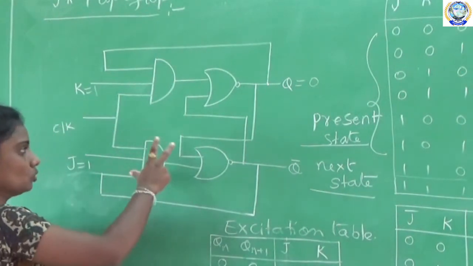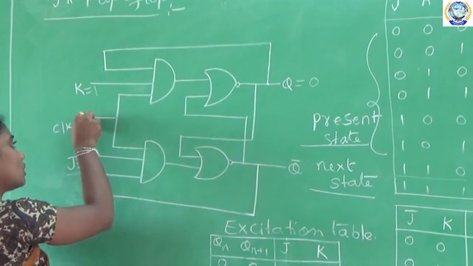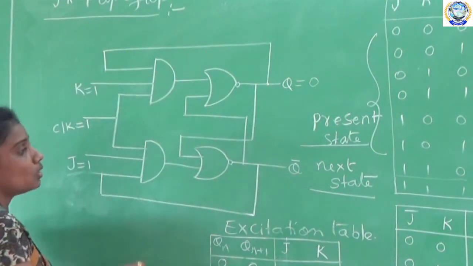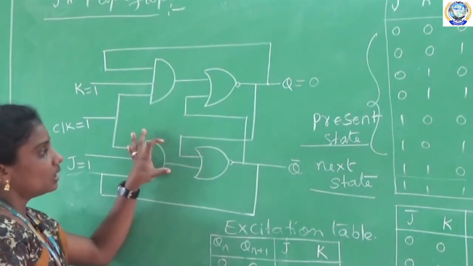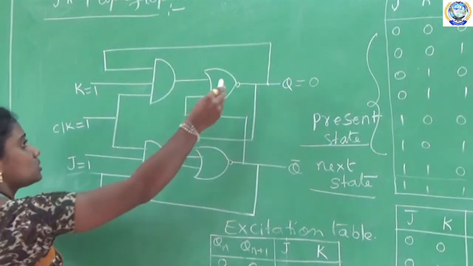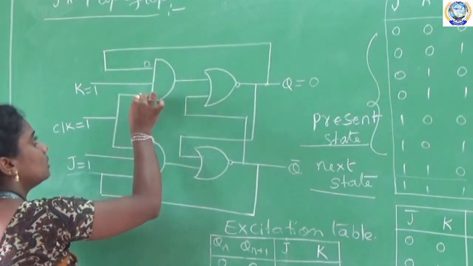In order for this flip-flop to function, we need to apply the clock equal to 1. Based on these inputs, the state of the output of the flip-flop will change.